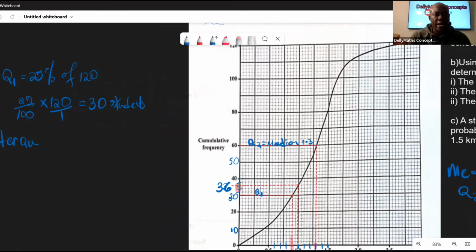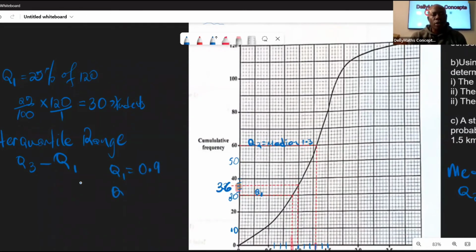So the interquartile range, and the word range there is talking about Q3, which is the biggest quartile, minus Q1, which is the smallest quartile. So we have already found out what Q1 is, so we could write it down. So Q1 we found out to be 0.9.